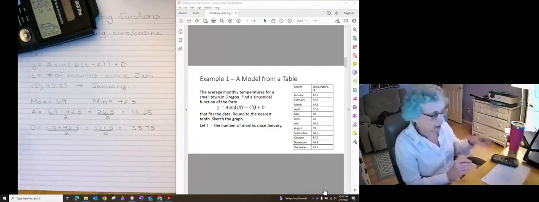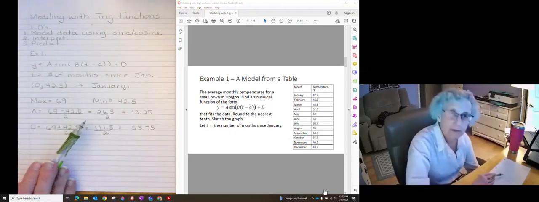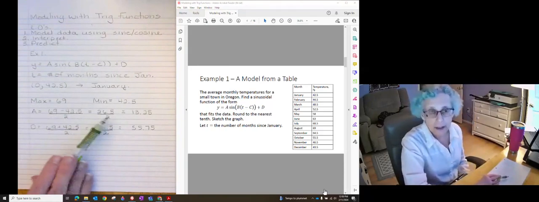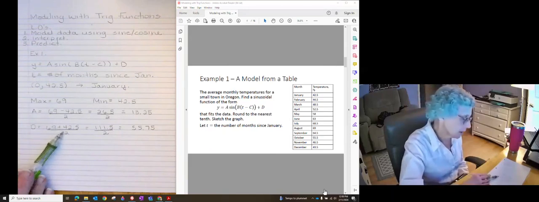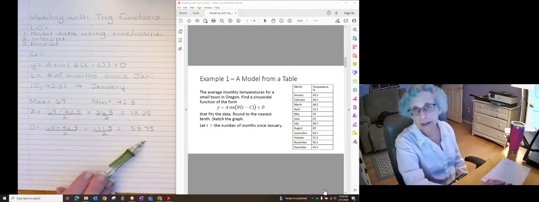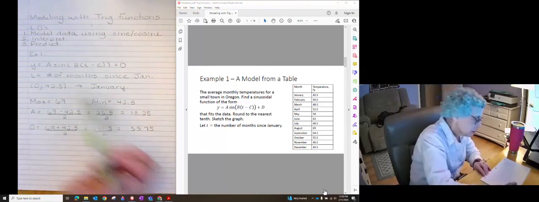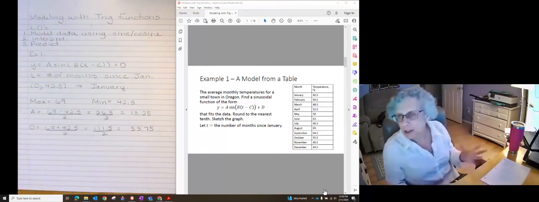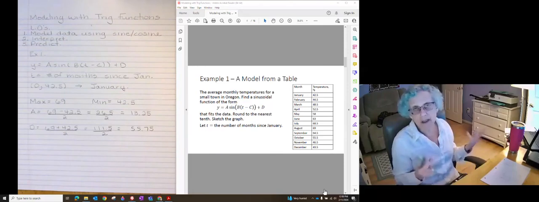So I went ahead and plugged in 69 minus 42.5 divided by 2 and got my A. I went ahead and did 69 plus 42.5 divided by 2 and got my D. I'm going to go ahead and keep my 2 decimal places, even though the directions said that I should round to the nearest tenth. I'm going to keep it for now anyway.